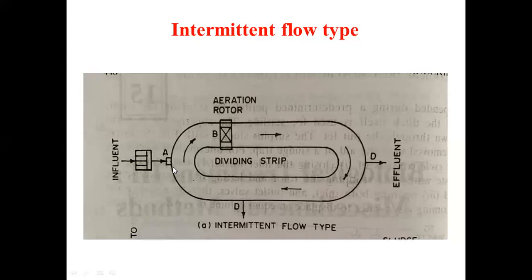That way it is fill and draw type, भरा, treat करा, ओतून काढा, परत भरा, treat करा, ओतून काढा. Or you can say batch type. A batch of sewage is allowed to enter, treat it, then remove the treated one from that tank, and again fill that tank with a new batch of sewage. That is known as the intermittent flow type tank. So I request you to draw this figure. Draw now, please.